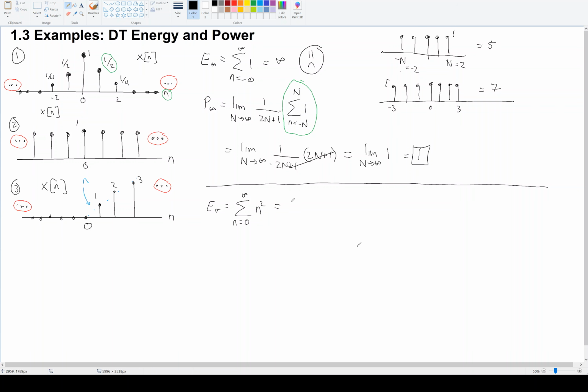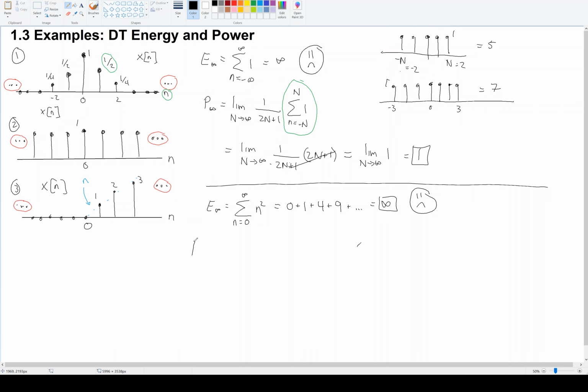For this one, this is like adding 0 plus 1, then when n is 2, this is 4. When n is 3, this is 9, and so on. So what is that equal to? Well, that is equal to infinity. Okay, so again, our signal here has infinite energy.